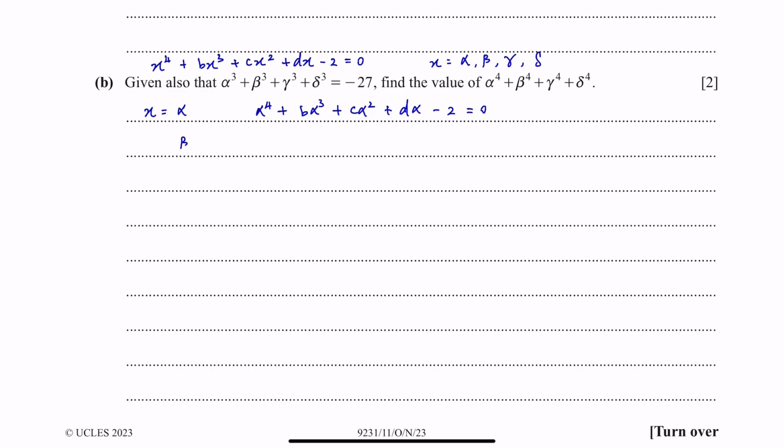When it's beta, we get beta to the 4 plus, when it's gamma to the 4, when it's delta.